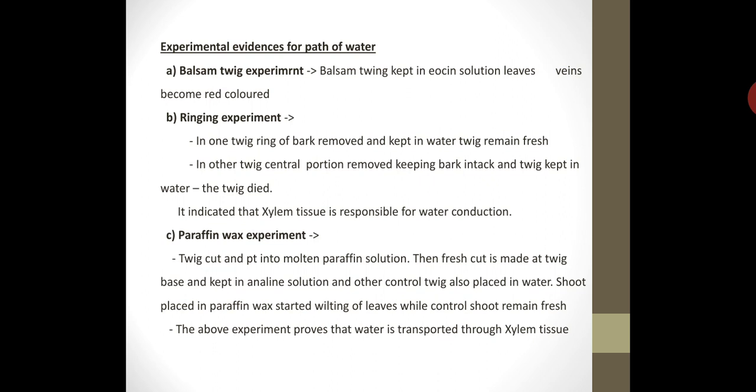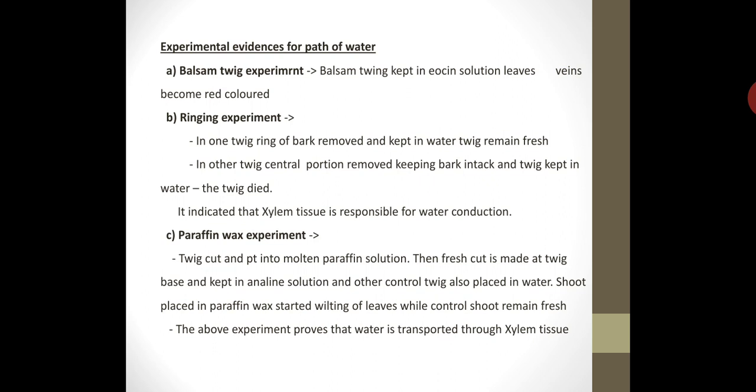It means when the twig was put into molten paraffin wax, what happened? The liquid paraffin was absorbed by the xylem tissue, and due to absorption, the xylem tissue was blocked. The central lumen of xylem was blocked because of paraffin, which later gets solidified. When we again make a transverse cut and put such a twig into the water, due to the blockage of xylem tissue, that twig would not absorb water, so the leaves of such a twig get wilted.